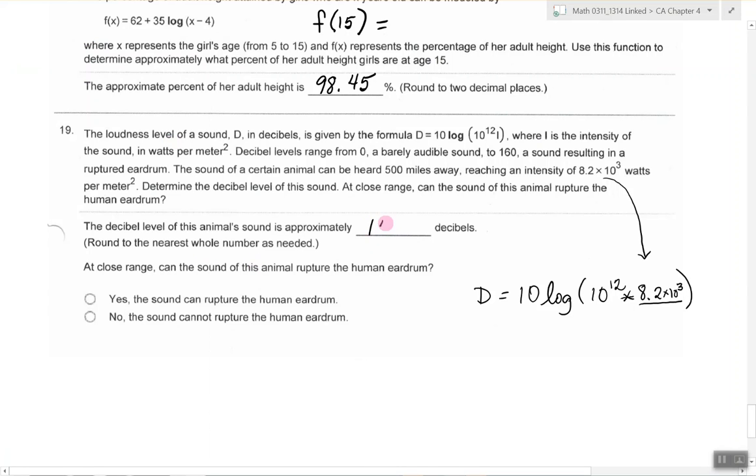This will be 159 decibels. At close range, can the sound of this animal rupture the eardrum? The answer would be no, because it must be 160 decibels. So it is almost at the eardrum bursting level, but it's not quite there.